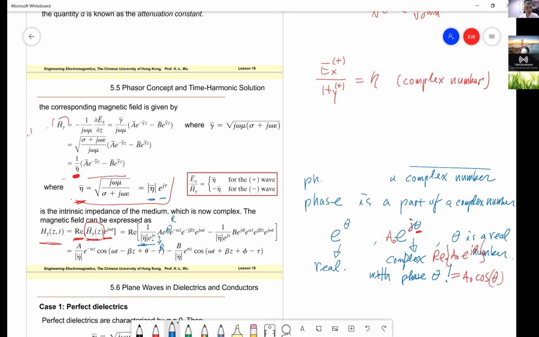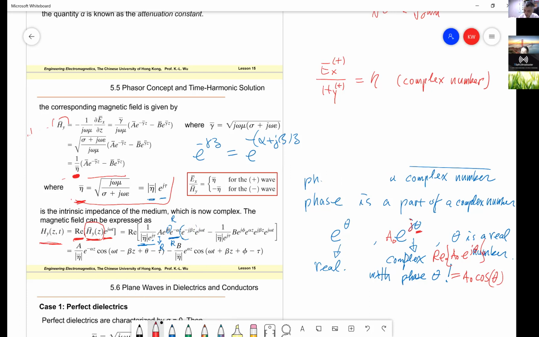I write everything in real terms. Then e to the gamma z, of course, I have to write as alpha plus j beta z, with the minus sign. So I have one term that is real. The second is not real, but the phase is clear because we already see j.